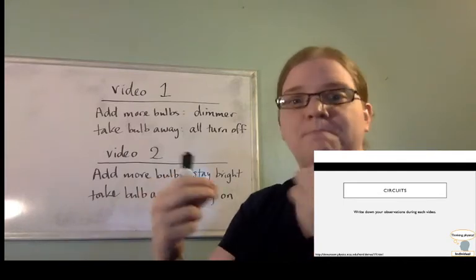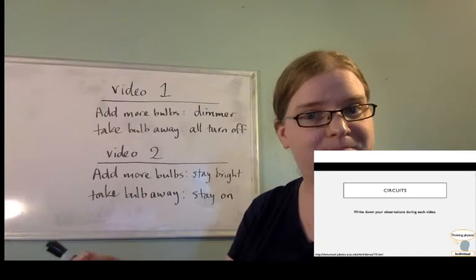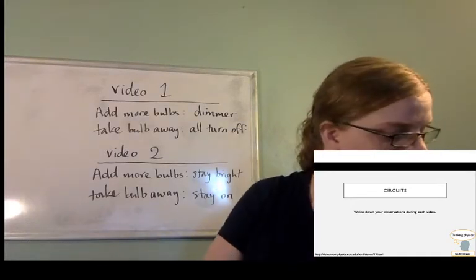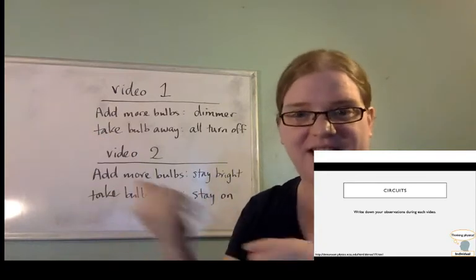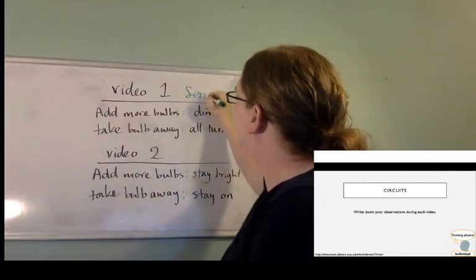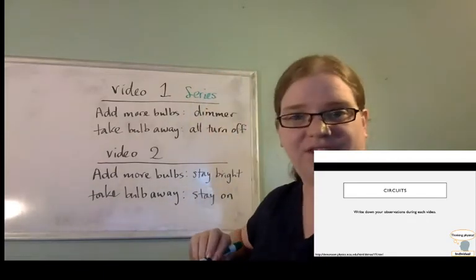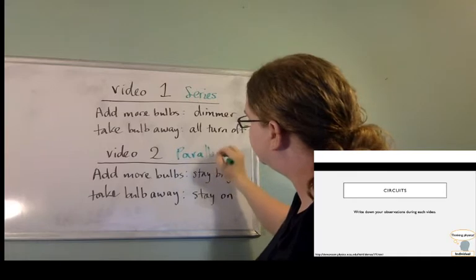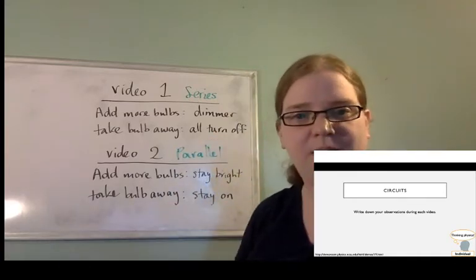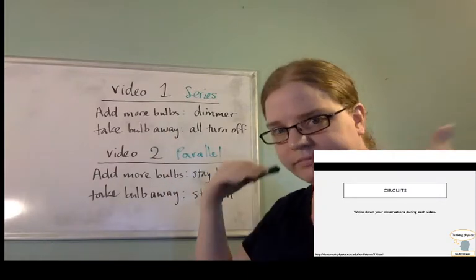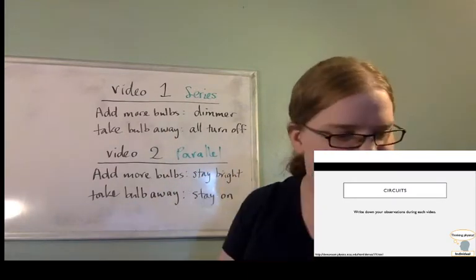But what matters is how you connect them to each other, how you connect them to the battery. And as you might have seen in the title of the slide or from your reading, this first one is a series circuit, and the second one is parallel. So we're going to talk about each of those, what they are, why they give us these results.